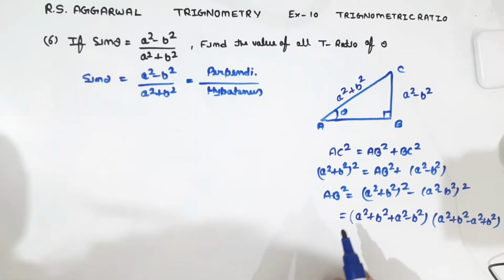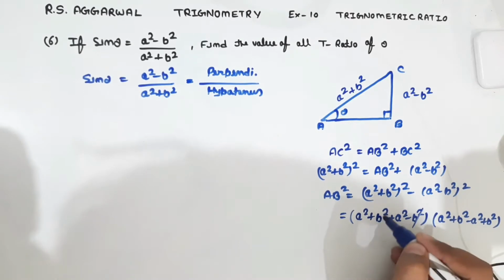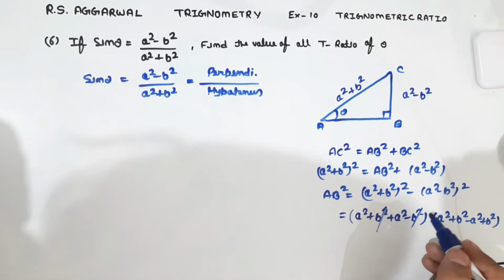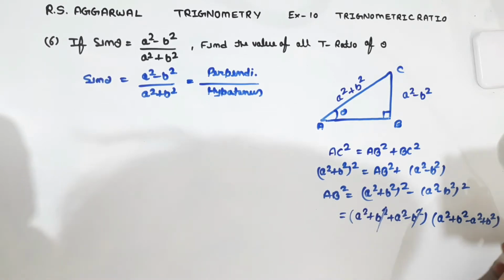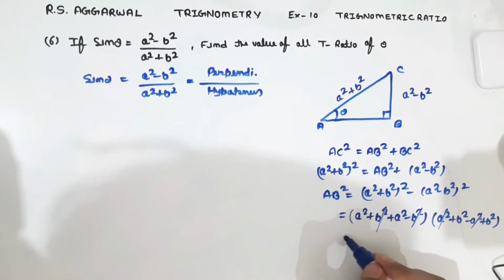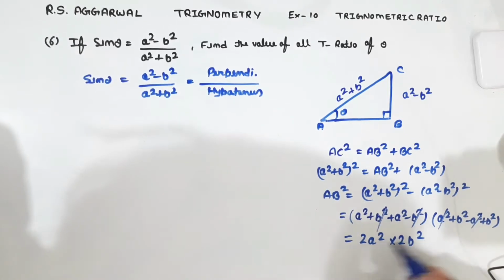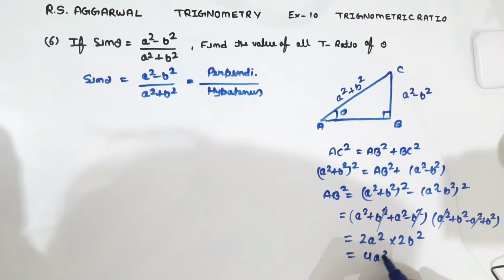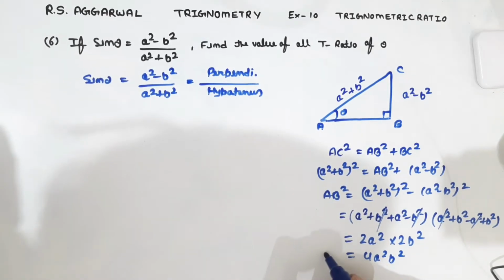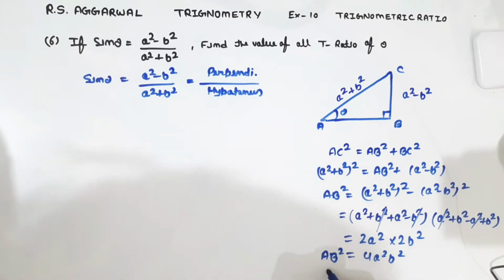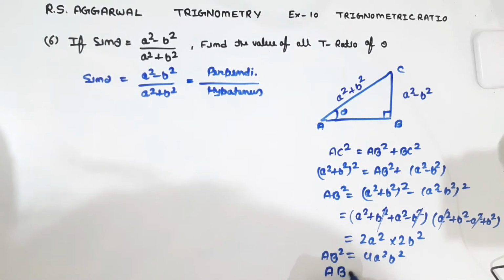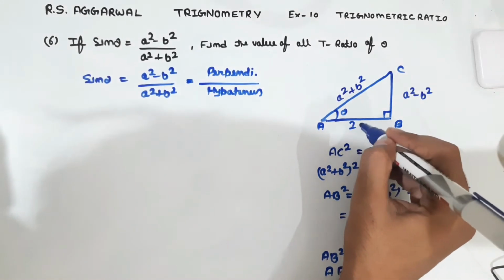So from here b square will be cancelled out, and from here a square will be cancelled out. So a square plus a square will be 2a square and b square plus b square will be 2b square. So this will be 4a square b square. So this is AB square. So from here AB will be 2ab. So this is our base.